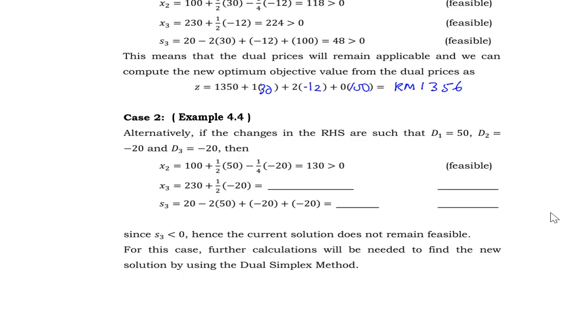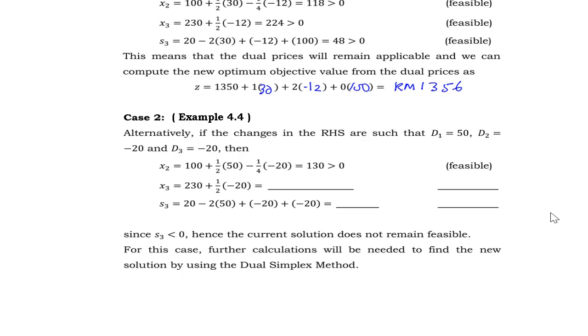So in case 2, alternatively, if the changes in the right hand side are such that D1 equals 50, D2 equals negative 20, and D3 equals negative 20, then X2 we get 100 plus 1 over 2 times 50 minus 1 over 4 times negative 20, so X2 equals 130, so feasible because greater than 0.